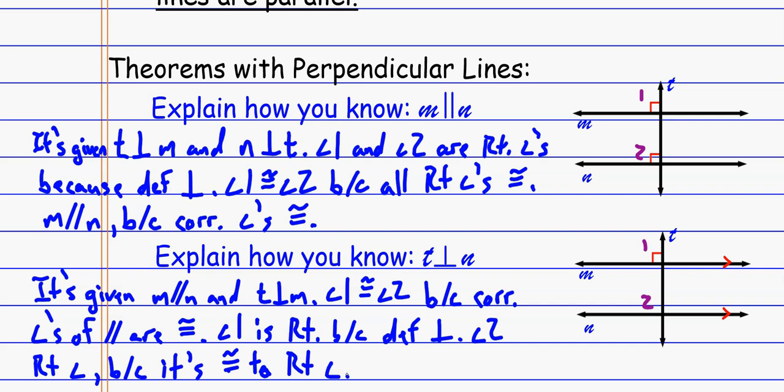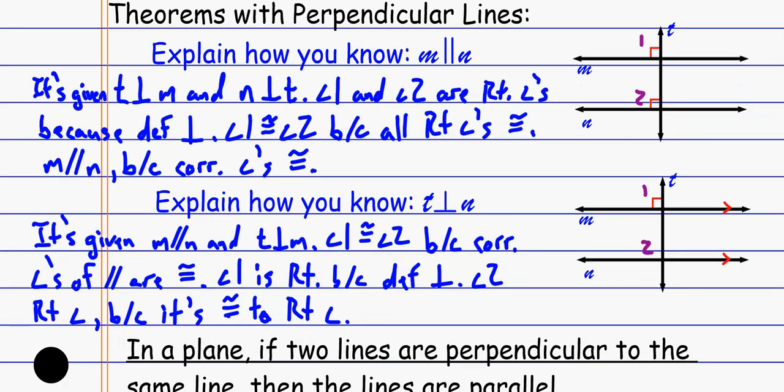Okay? And then from here, if I know that angle 2 is a right angle, now I know the lines are perpendicular because that's what it means to be perpendicular, all right? So T is perpendicular to N, and that's the definition of perpendicular lines.